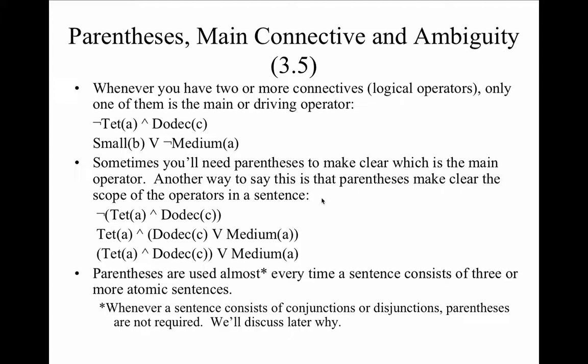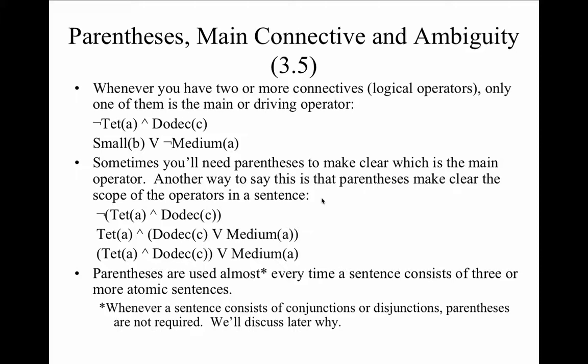Notice how from example 2 to example 3 under the second bullet point, the parentheses are changed so that we get the following reading in the third example. Either A is a tet and C is a dodeck, or A is medium. In the second example, remember we have A is a tet and either C is a dodeck or A is medium.